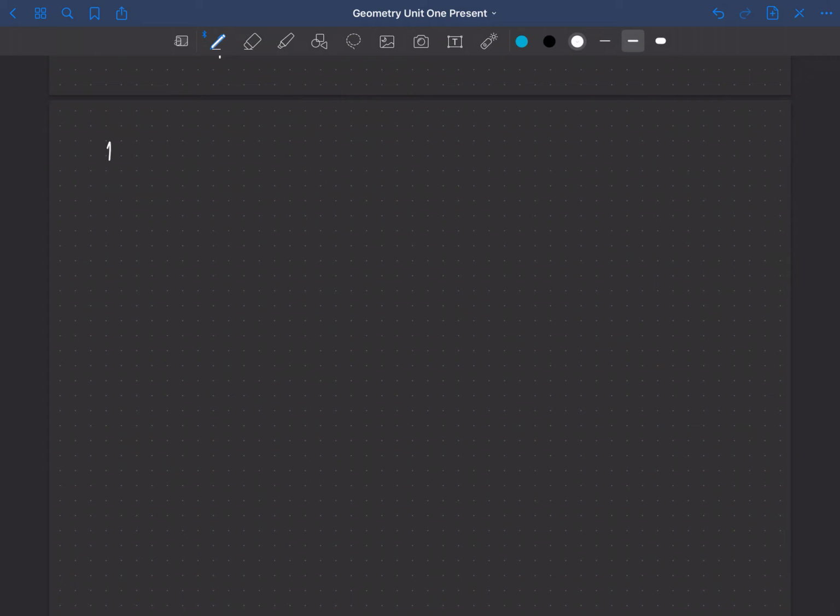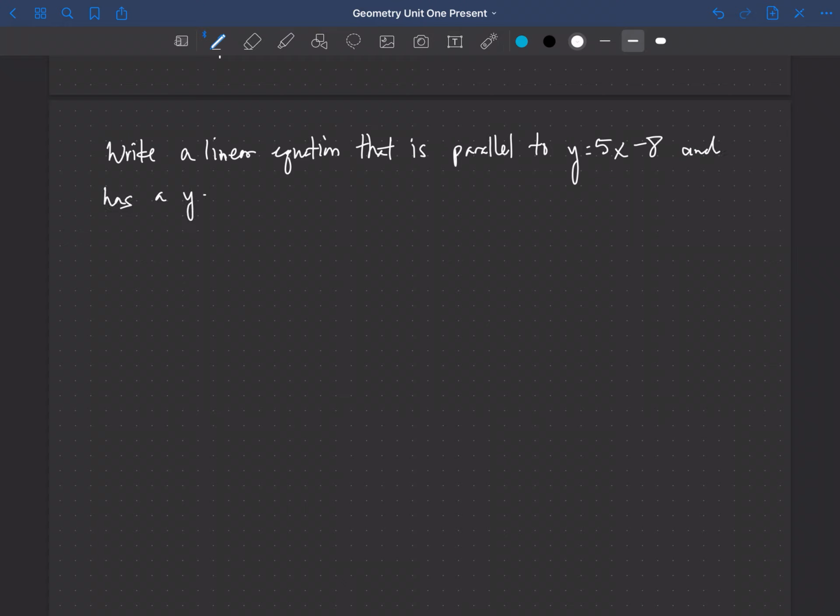The first example, we're going to write a linear equation in slope-intercept form that is parallel to y equals 5x minus 8. And this line also has a y-intercept of 7.